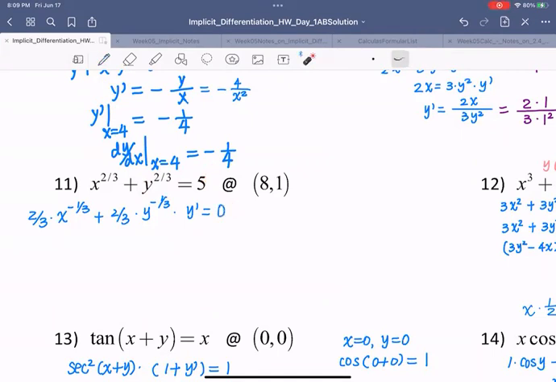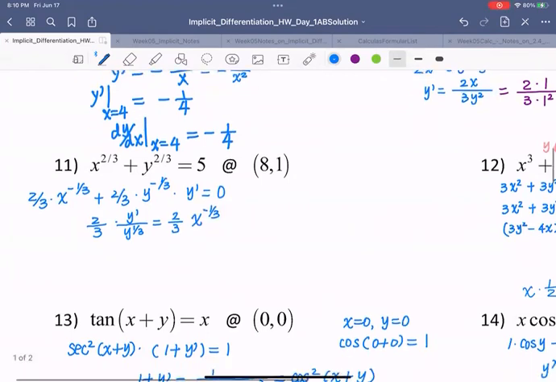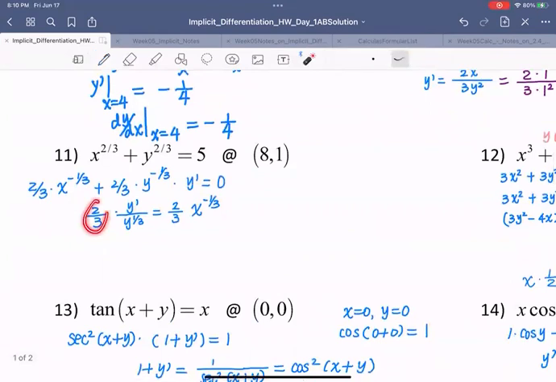Now we will move this guy to this side. Let's do it. So far, so good. Make sense? Okay. 2/3 can cancel.